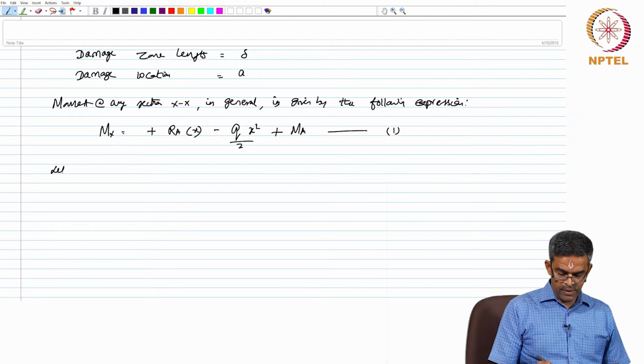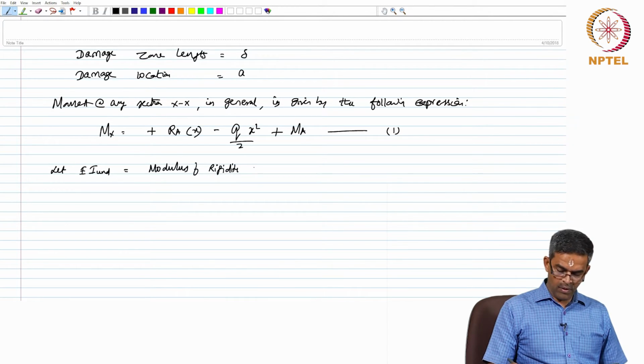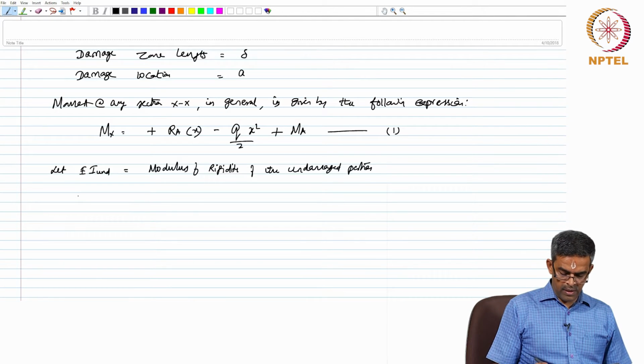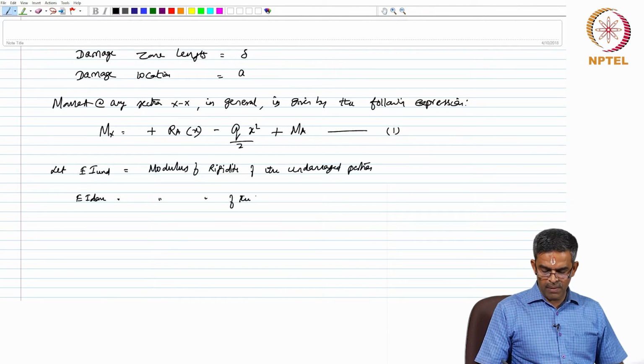Let EI undamaged be the modulus of rigidity of the undamaged part and EI damaged be the modulus of rigidity of the damaged part.